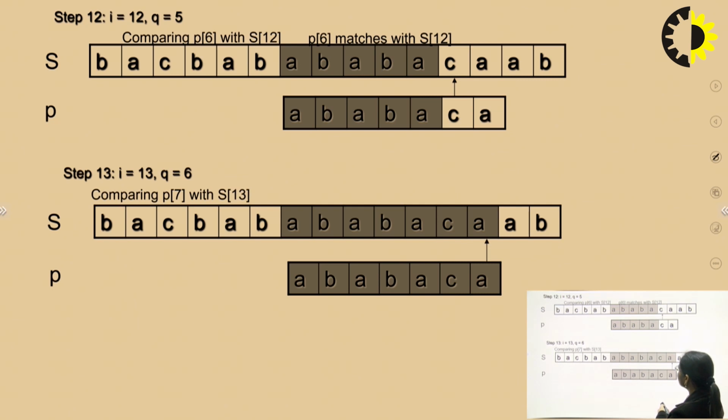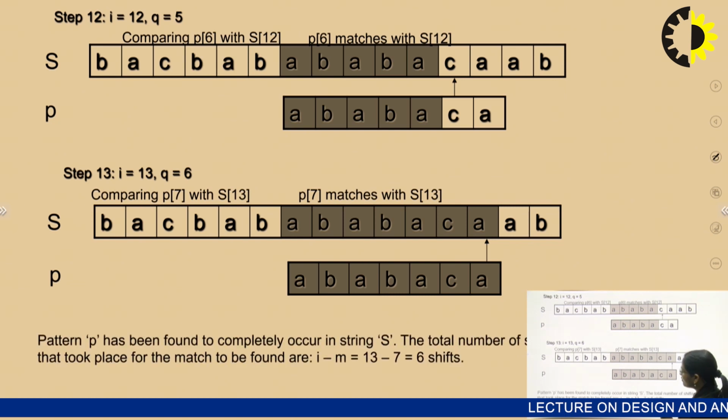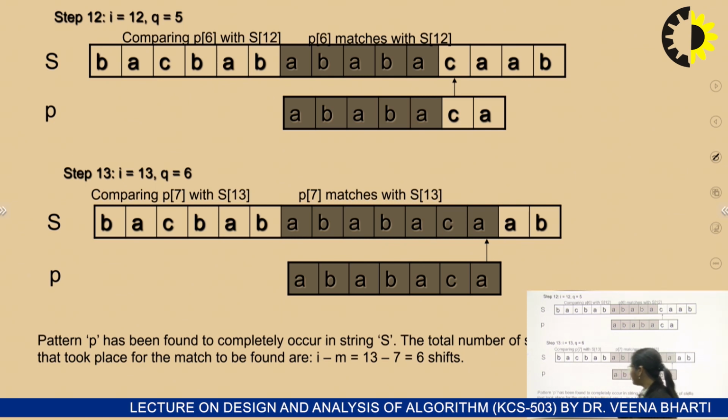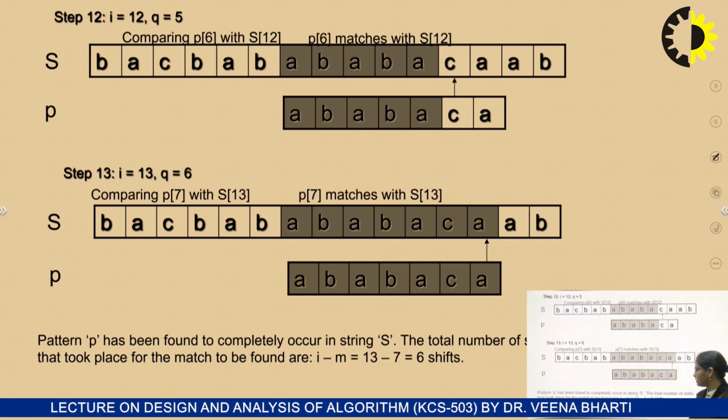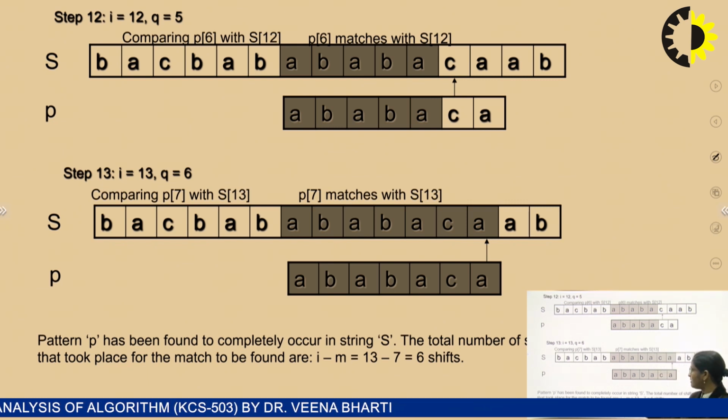When we do the comparison, the match occurs, so we have found the pattern at this location. This is the KMP matcher method, and here pattern P has been found to completely occur in string S, and the total number of shifts needed for the match to be found is i minus m, that is 6 shifts.